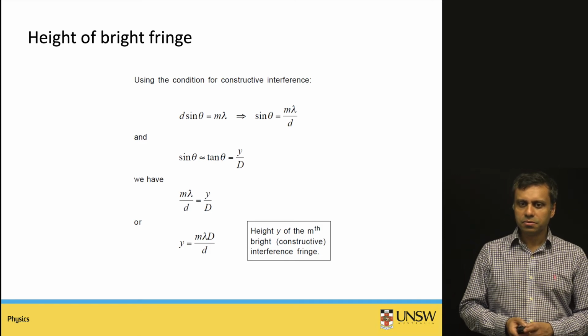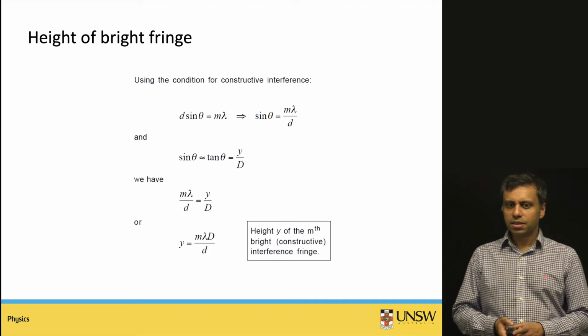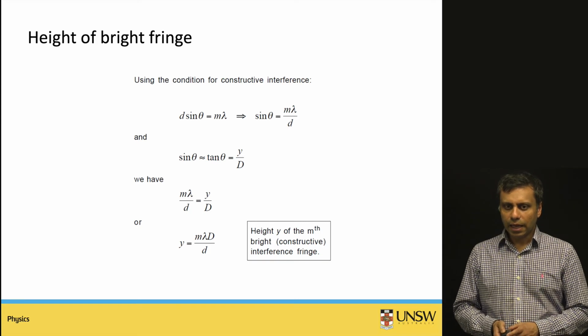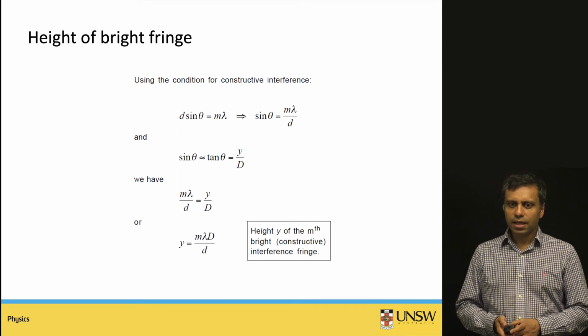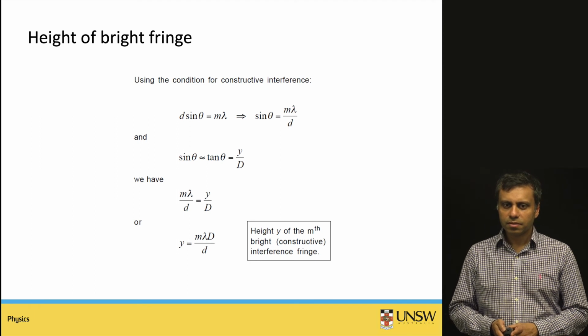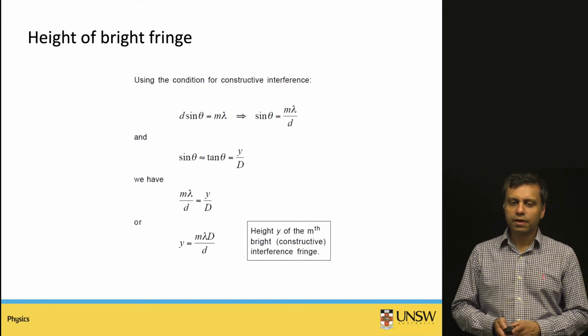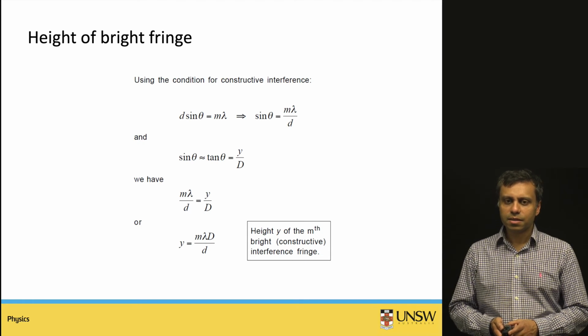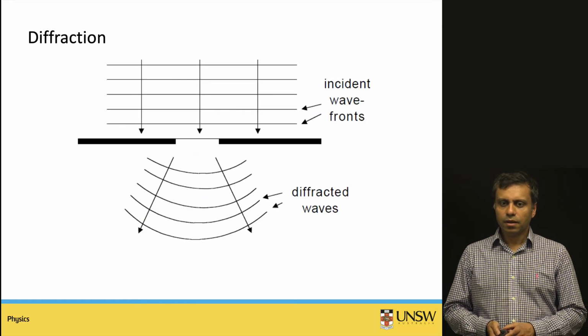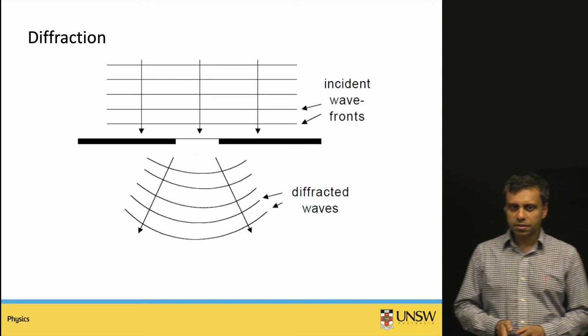Now we equate the two: m lambda over small d equals y over big D, and then y is given by m lambda capital D over small d. So for each value of m, this will give us the position of the bright fringe, basically, the bright spot. Now let us look at the phenomenon of diffraction.